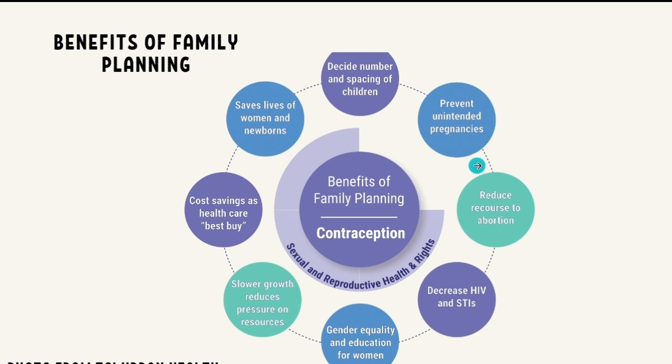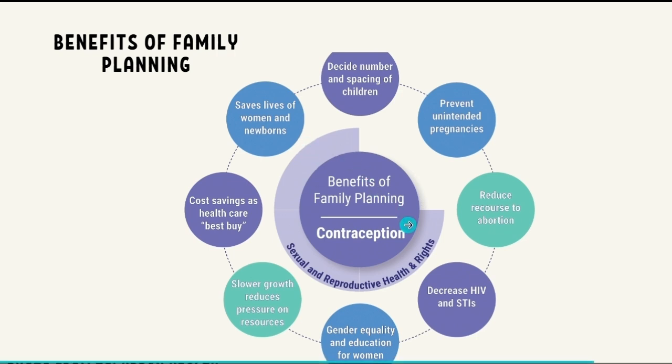It also reduces the recourse to abortion. These are both connected, because with an unintended pregnancy, they say, I don't want a child, I will get an abortion. If you do family planning, you won't get pregnant unless you want to. So it reduces the need to go get an abortion, and getting an abortion can have risks to it.